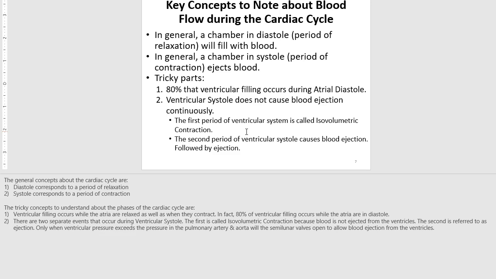The second period is referred to as blood ejection, and that only occurs when the ventricular pressure exceeds the pressure of the blood in the pulmonary artery and the aorta, so that those semilunar valves will open to allow blood to leave the ventricles and enter those arteries. So that's all for the cardiac cycle.